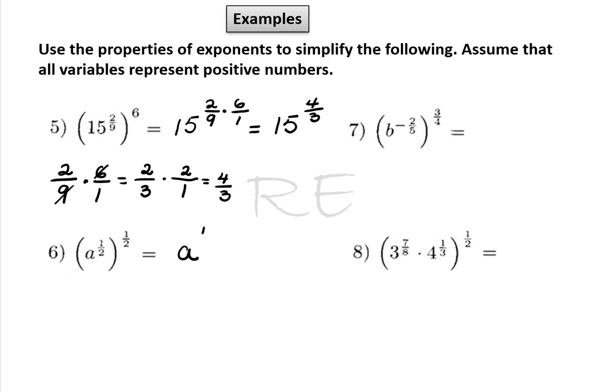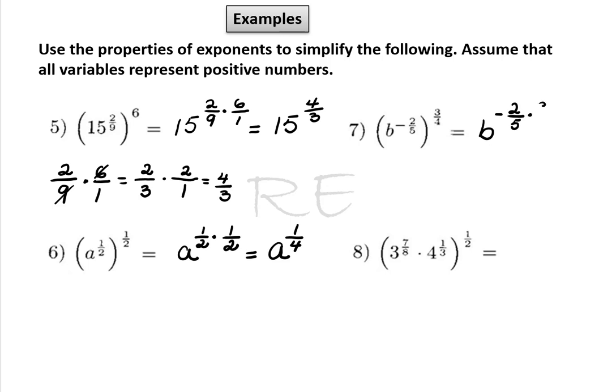A to the 1/2 to the 1/2 will be A to the 1/2 times 1/2. 1/2 times 1/2 is 1/4. B to the -2/5 to the 3/4.